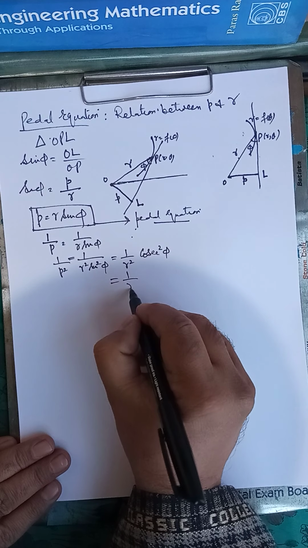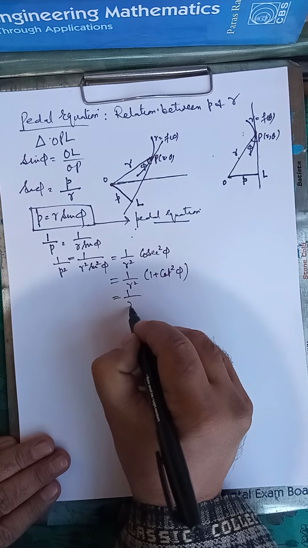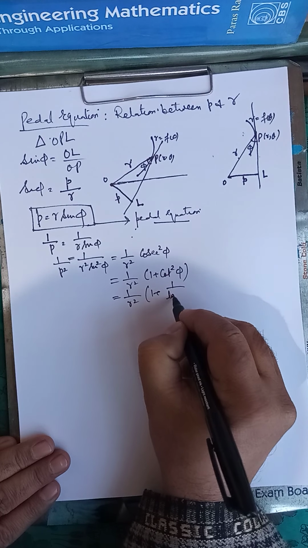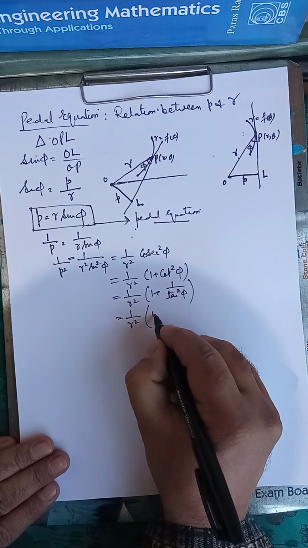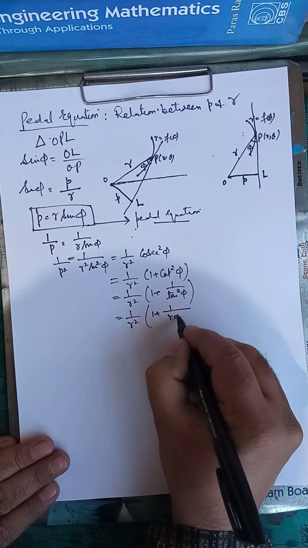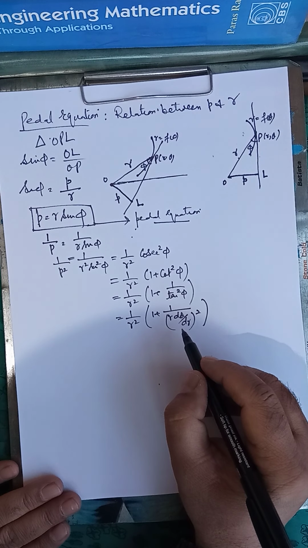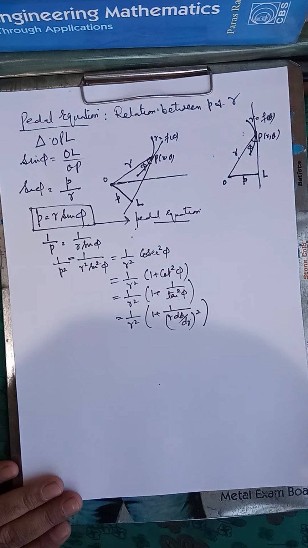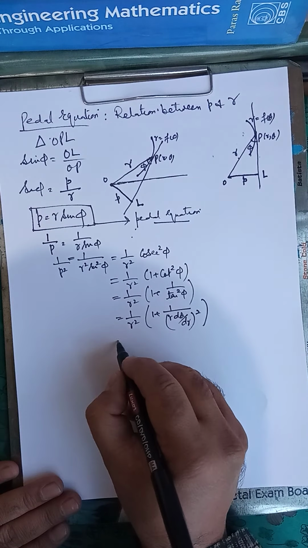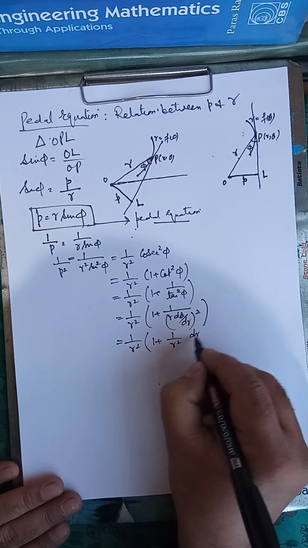But you know cosecant square phi is 1 plus cot square phi. Again you know cot square phi is 1 upon tan square phi. So this is 1 upon r square times 1 plus 1 upon (r d theta by dr) whole square, because tan phi is r d theta by dr. This is 1 upon r square, and again 1 plus 1 upon r square (dr by d theta) whole square.